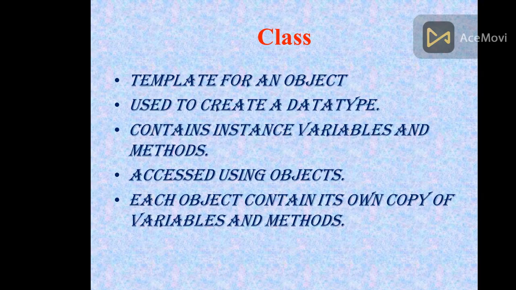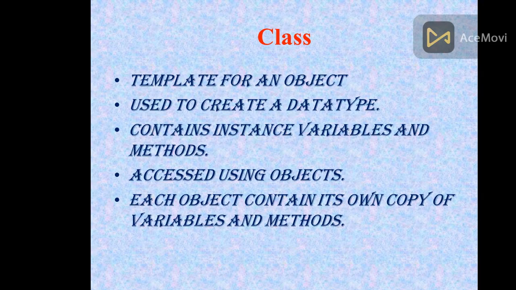Variables are normal variables, as available in other programming languages. Methods are functions which are going to be used in the program. These classes are accessed using objects. These objects are created in another class which includes the main function.